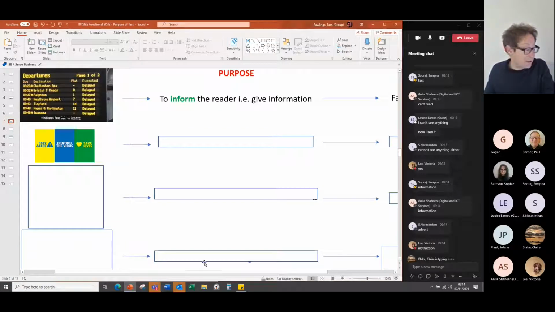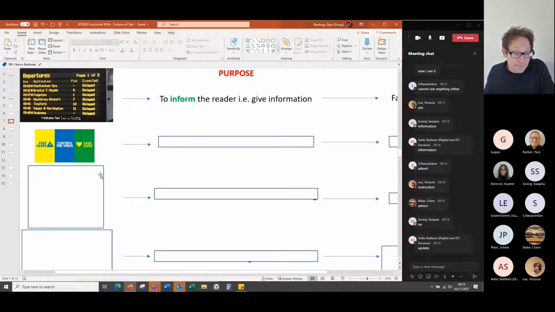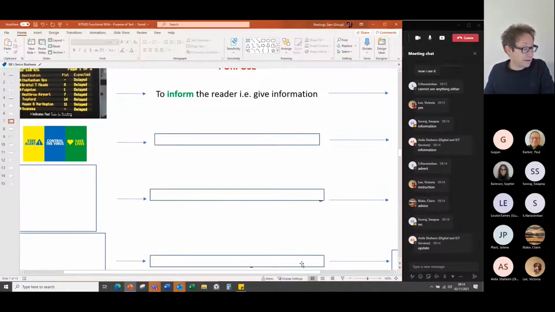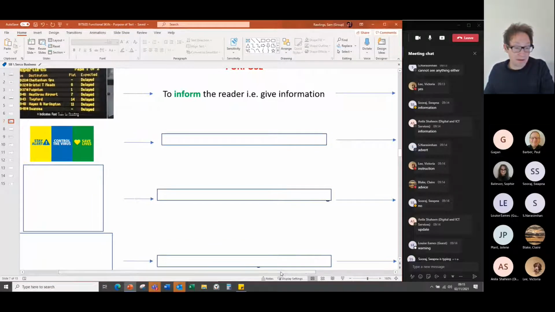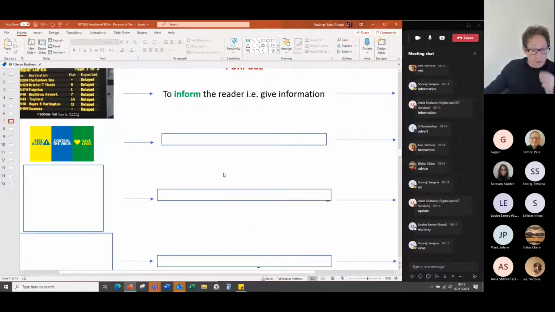It could be an instruction. What does it say? What's the topic? What's it related to? There we go. I've zoomed in even more. Yeah, so I think we're getting closer to it, aren't we, Louise? So yeah, it's kind of a warning to do with the virus. Exactly. It says stay alert, control the virus, save lives.